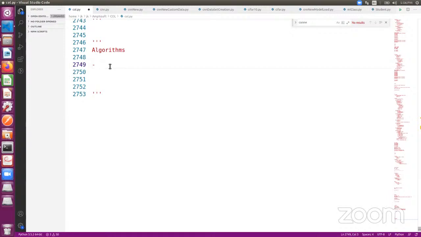Fine. So the first thing is we're going to analyze an algorithm. Actually, an algorithm is a step-by-step procedure to solve a problem.